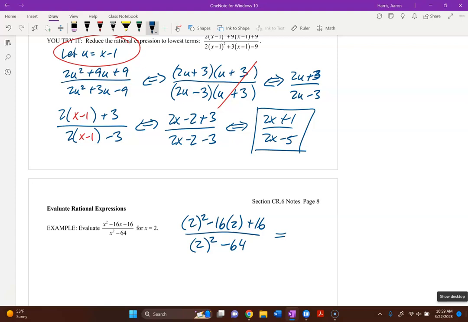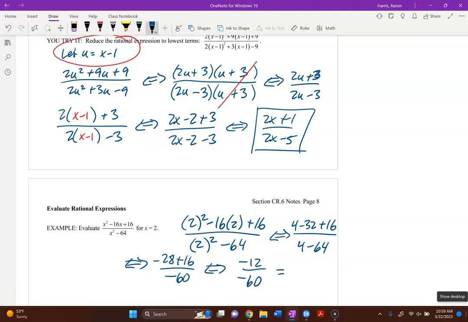So we've got 4 minus 32 plus 16 over 4 minus 64. Looks like we end up with 1/5 on that one.